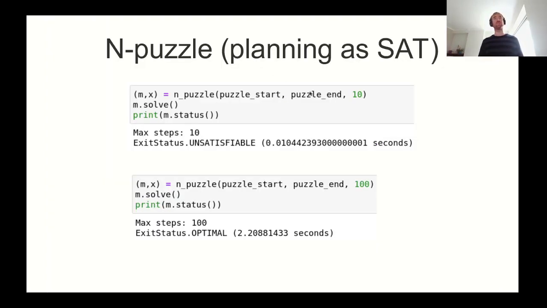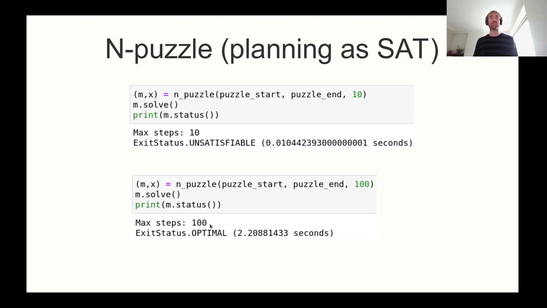For example, if we use that puzzle that I showed before, and we tell it, okay, find a solution in 10 steps, solve it, and it will tell you it's not satisfiable. You cannot reach the end state in 10 steps. So we can increase the step size to 100, and then it will say, yes, actually in 100 steps you can find the solution. It actually took 2.2 seconds, and then we found an optimal planning.